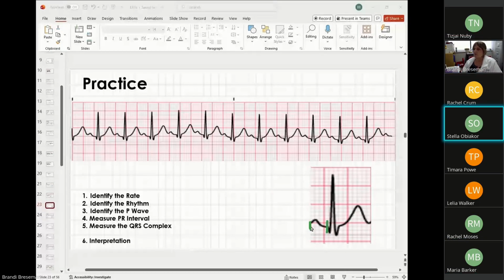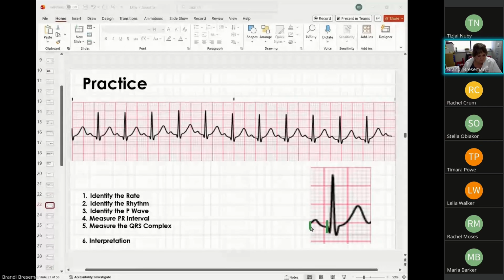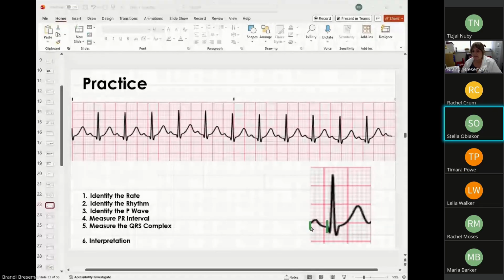Okay, so what is 4 times 0.04? 0.16. Very good. Is that normal? Yes, it is. PR interval is 0.12 to 0.20.